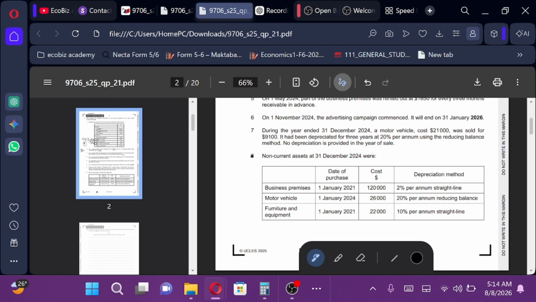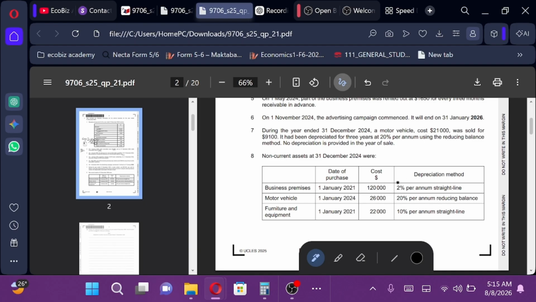Motor vehicle, 1st of January 2024, 26,000. And we have furniture and equipment, 1st of January 2021, which the amount is 22,000.